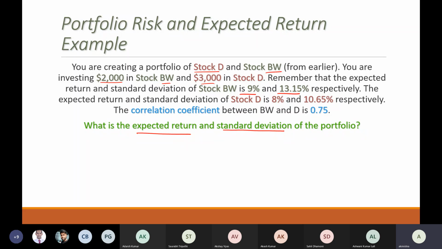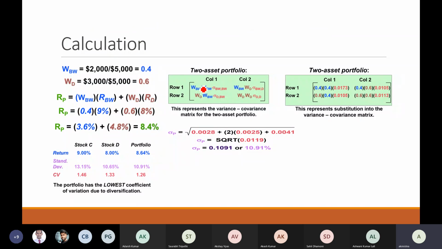So this is a very simple case. First, what we need is the weightage, how you are going to distribute your portfolio. So 40% you are going to put of your available money in BW stock, and the remaining you are going to put in D. And here our assumption is that the sum of the Wi's is 1. What I'm saying is that all the money is going to be invested.